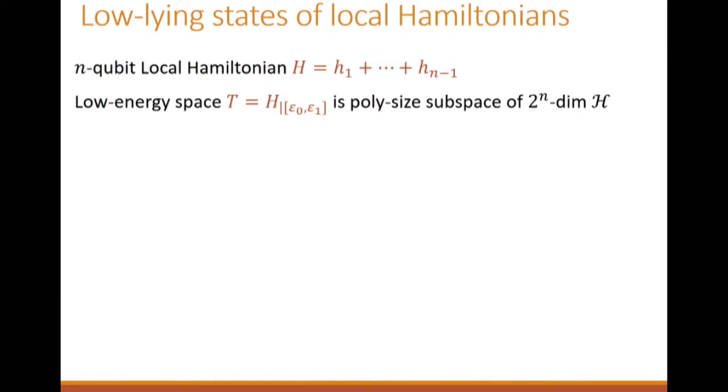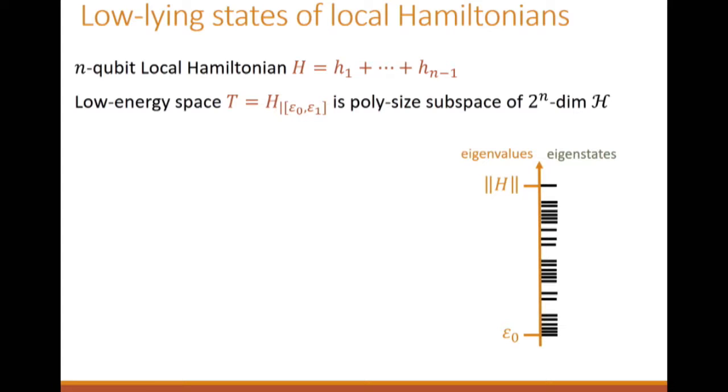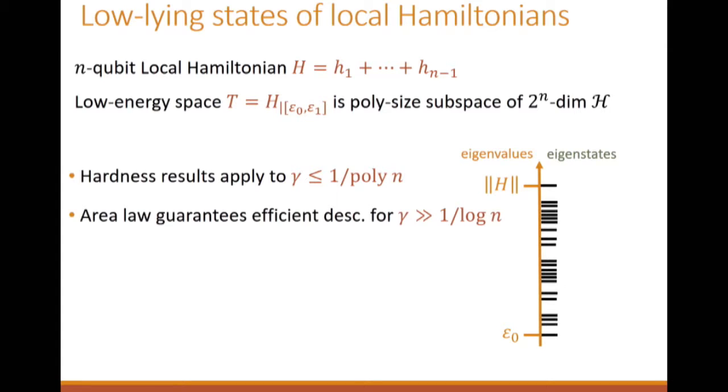So let me just summarize the situation a little bit, right? So we have these Hamiltonians. This is what the spectrum looks like in general, and there are different regimes. So if you assume nothing, or if you assume that there's a tiny gap, which the gap is going to appear, but it's tiny. So if you have, you know, at most that the gap is maybe 1 over poly, then assuming QMA is not equal to NP, there's no efficient representation for the ground state.